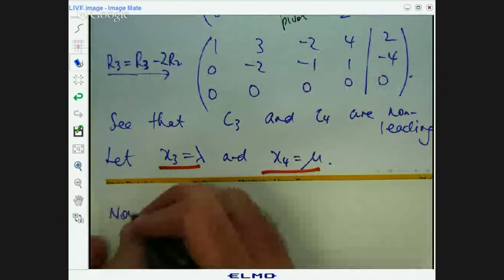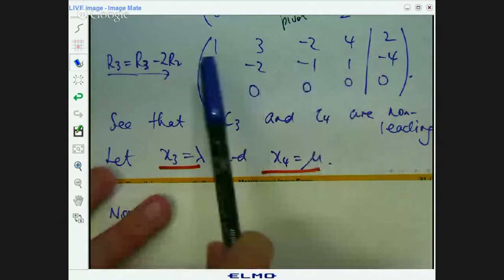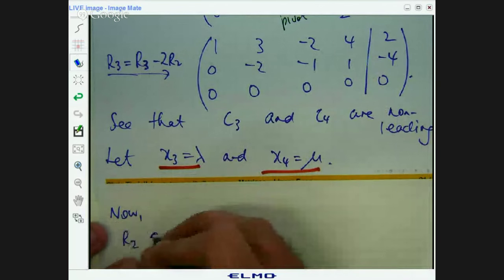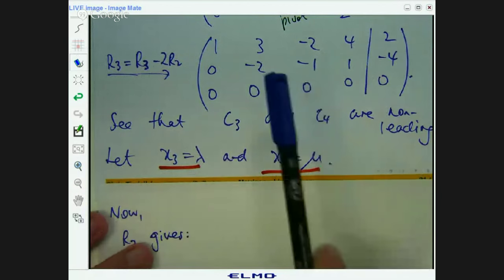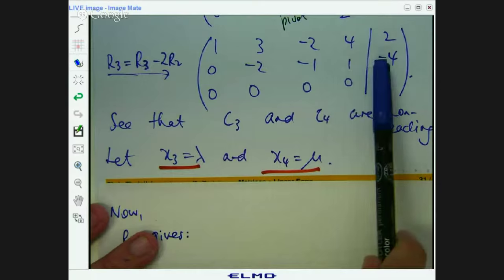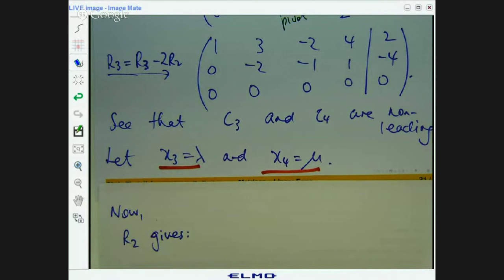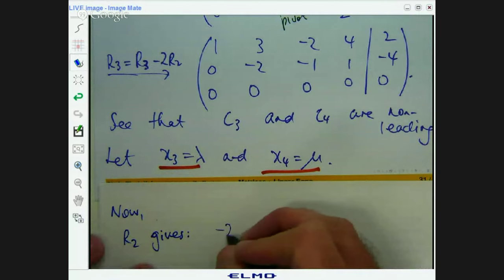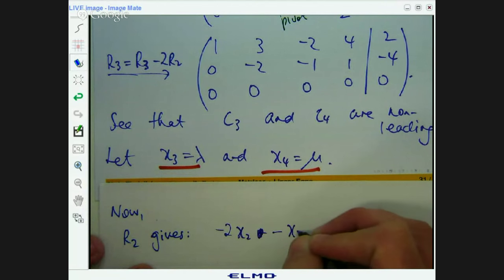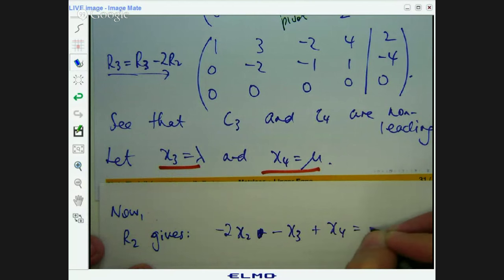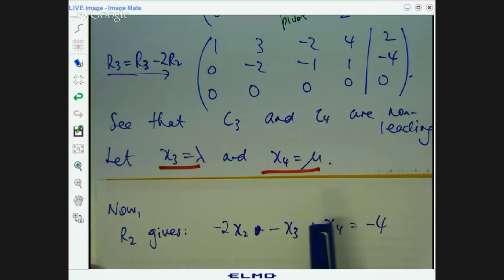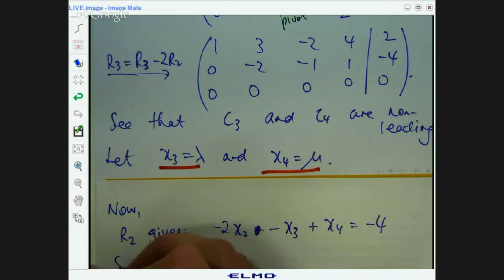Now, what do we see? Well, I see that row 2 says -2x2 minus x3 plus x4 equals -4. Now I already have the parameters for x3 and x4, so I can rearrange that.